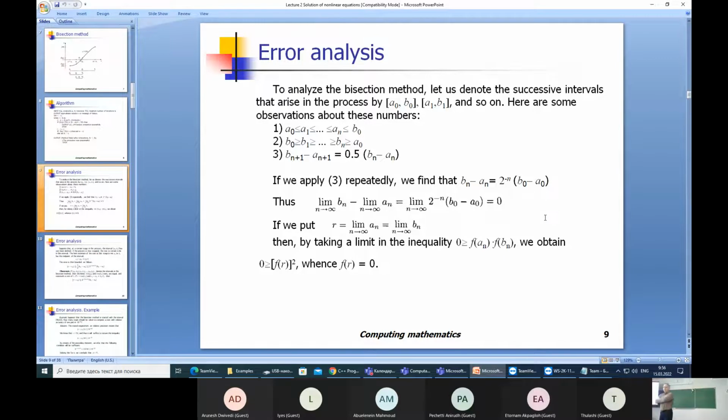To analyze the bisection method, let's consider the sequence of intervals that arise in the process of solving. Let's denote the first interval as A0, B0.